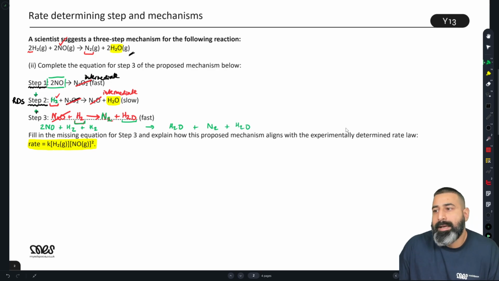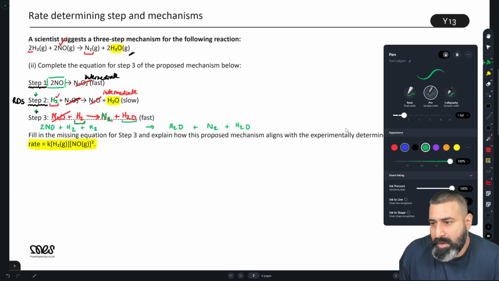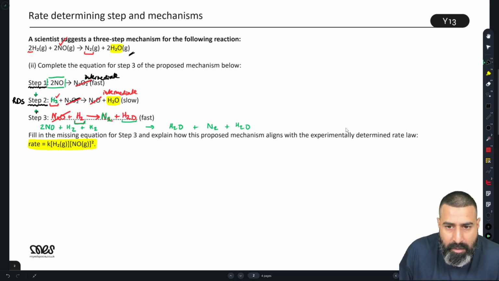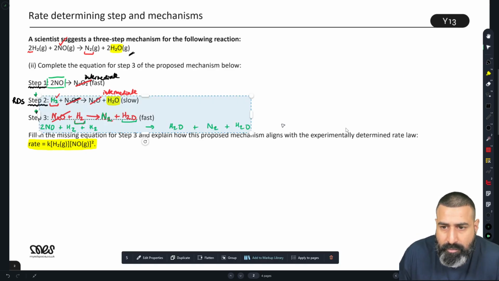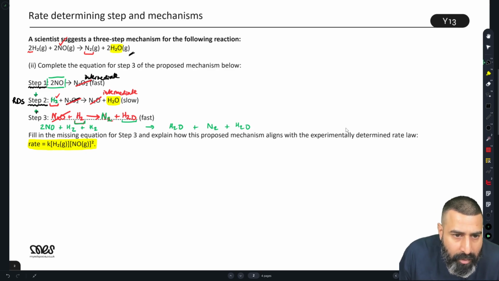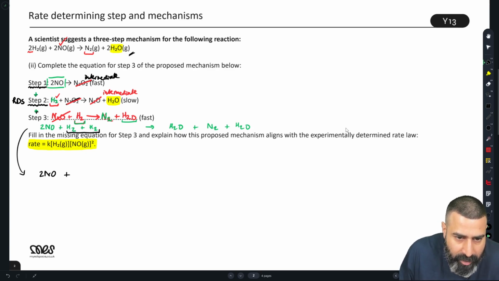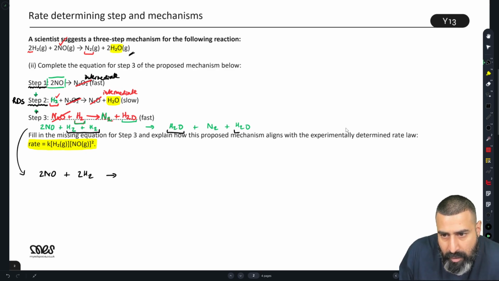There are some like terms here, so I can collect like terms. This can become 2 lots of H2. So 2NO plus 2H2 goes to N2 plus 2H2O.